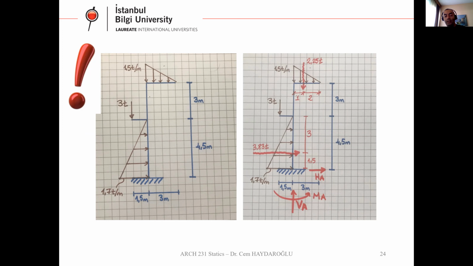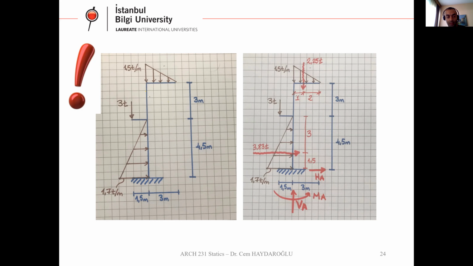By the way, while we are converting these distributed loads to the concentrated loads, please consider that there is no meaning for the arrow numbers. Don't count anything else like this.